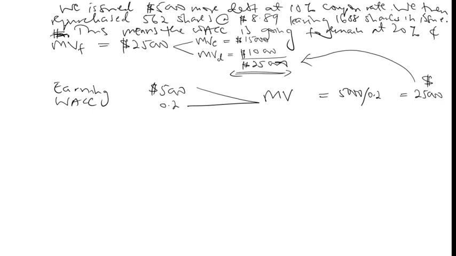Okay, and I say that this 25,000 is made up of the market value of debt, which is now 5,000 plus the new 5,000, and it is now 10,000. So obviously the market value of equity is 15,000.